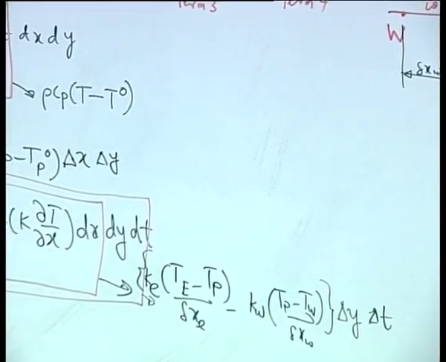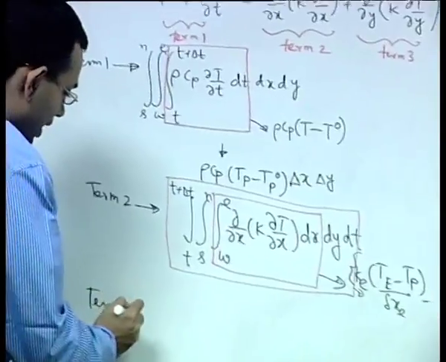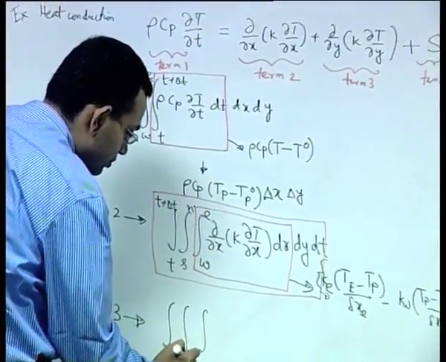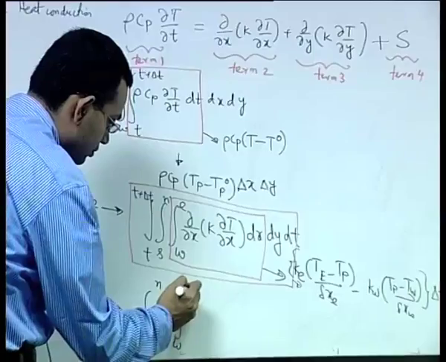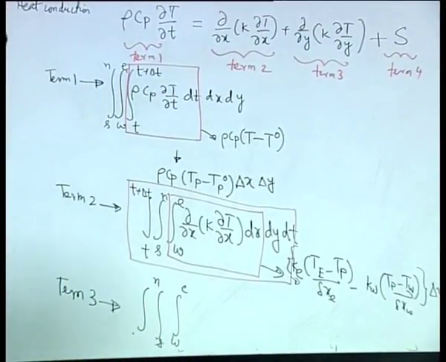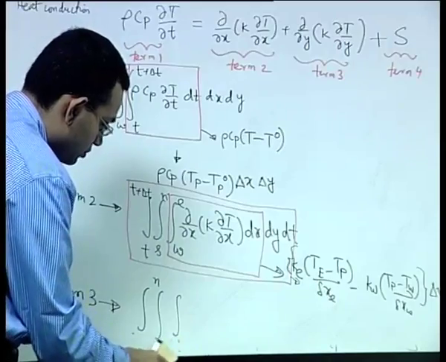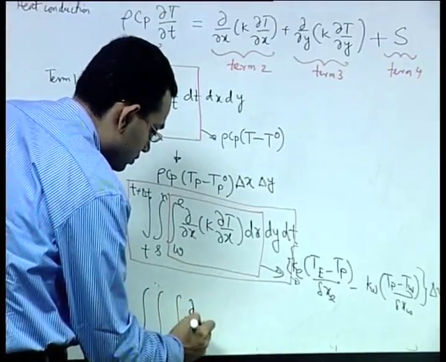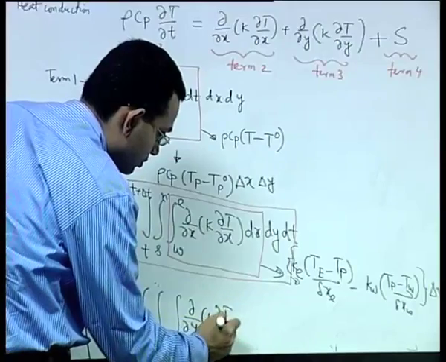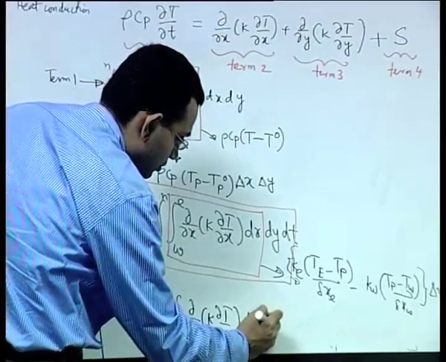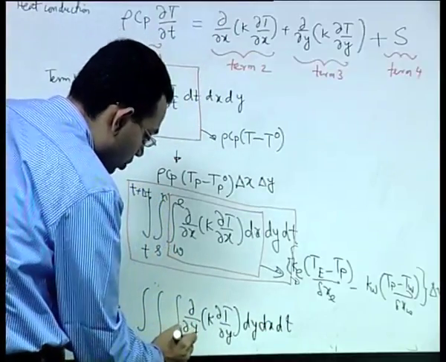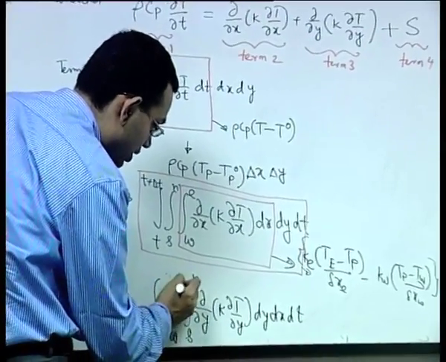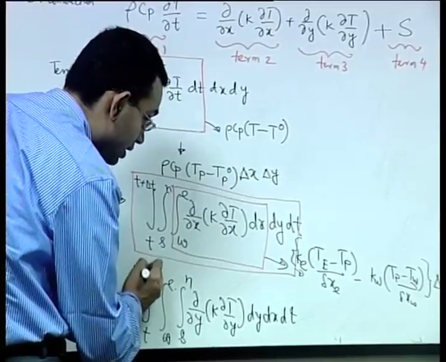Similarly, what will be term 3 we can write now easily by analogy with the term 2. So let us just complete it. So, dy dx dt, so y is from small s to small n, x is from small w to small e, and t is from t to t plus delta t.